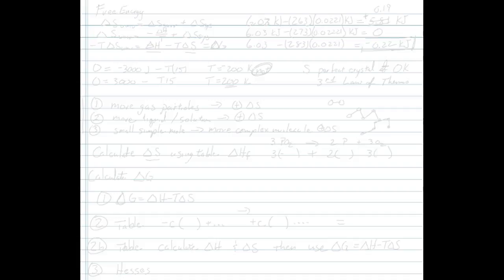This lesson on free energy, along with Gibbs free energy of chemical reactions. We're going to start with a couple of equations that came up already. Delta S of the universe is equal to delta S of the surroundings plus delta S of the system.